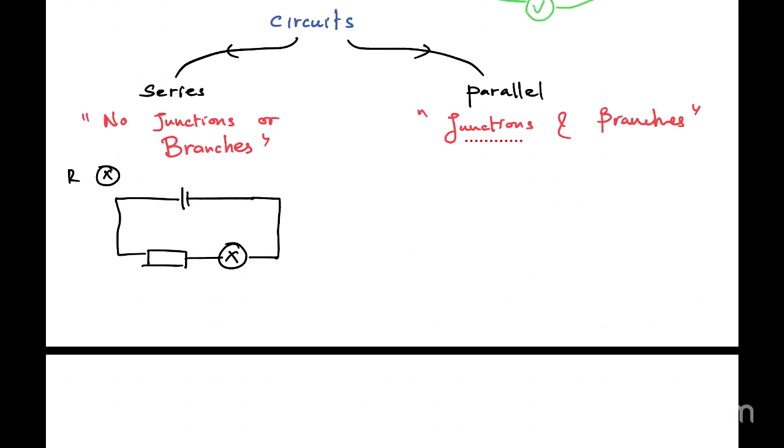Here, this is the positive end, this is the negative end. Once you get any sort of circuit, this is the most important step in your calculations related to electricity: first of all, take a pencil and go through the line.